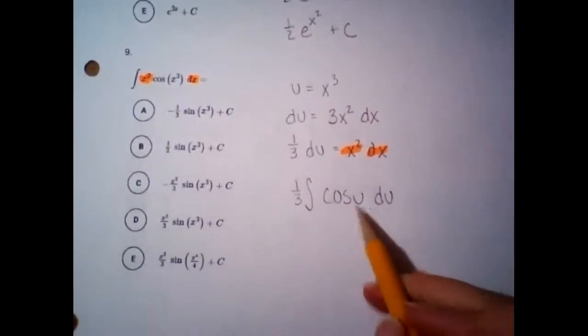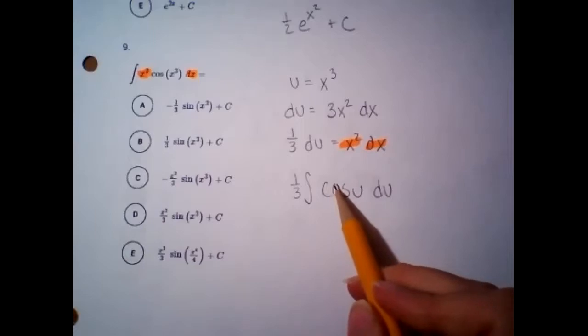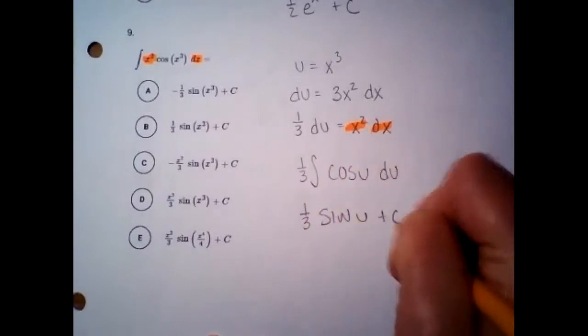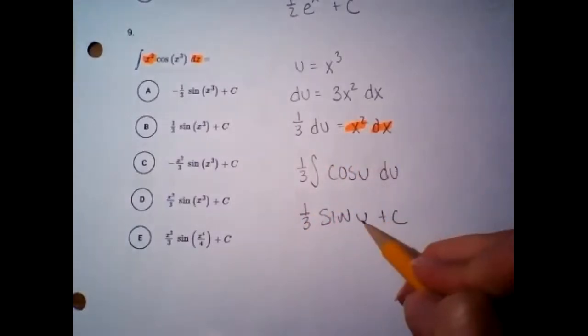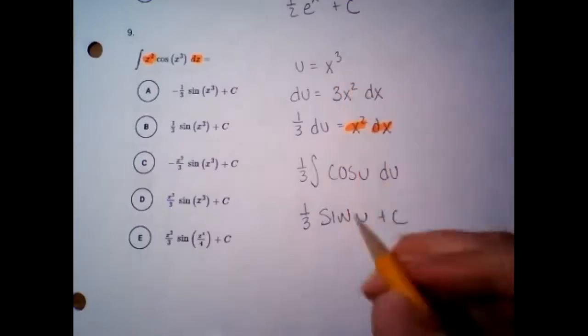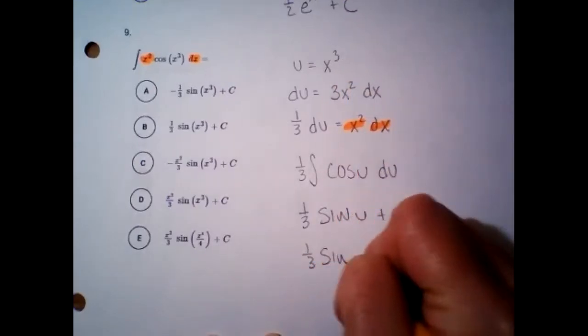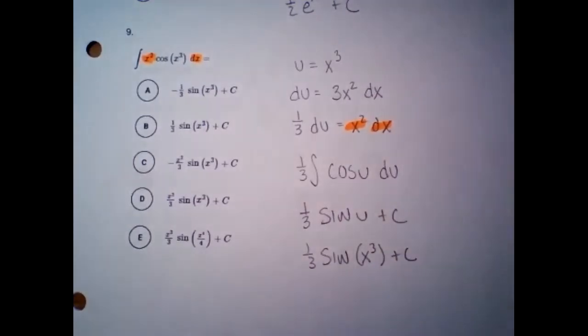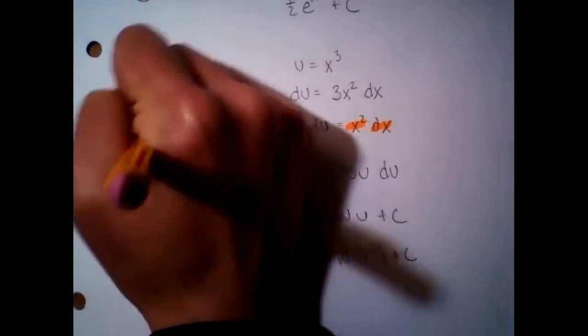So I need an antiderivative for cosine. I need a function that if I did the derivative, I would get cosine, and that is going to be sine. And then u was x to the 3rd. So that one is B.